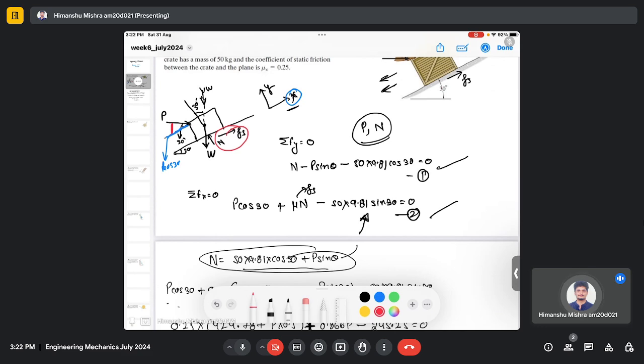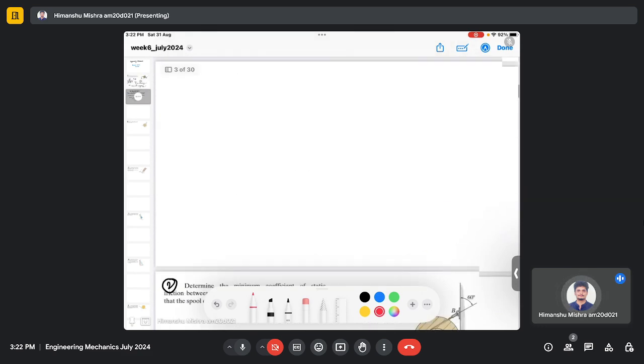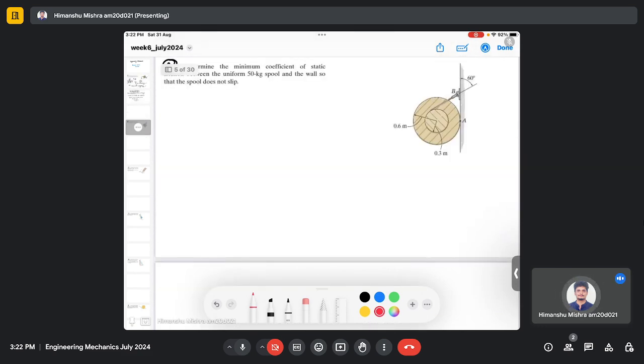So now let's move to the next problem. The next problem is very similar. Here also we have to use the equilibrium force and moment equations. Here we are asked to determine the minimum coefficient of static friction between the uniform 50 kg spool and the wall so that the spool does not slip. So again we want to avoid the slippage of the spool, and we know that the system is again in equilibrium, and we need to use the equilibrium equations here.